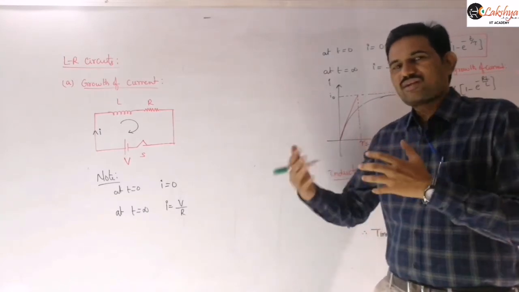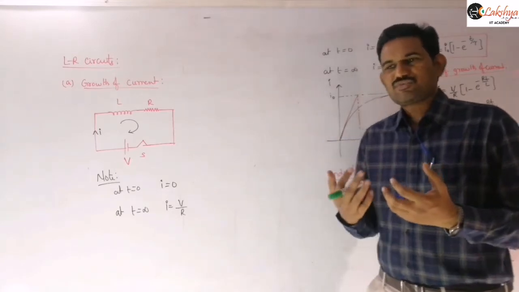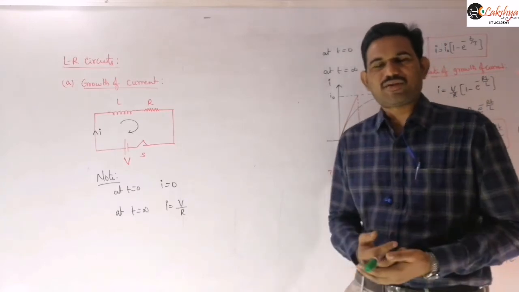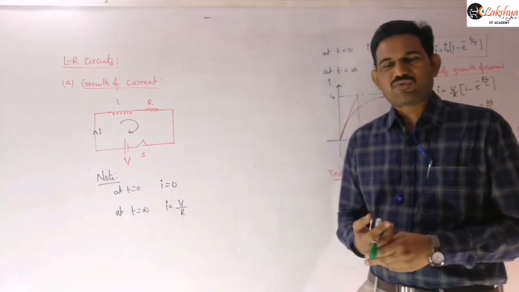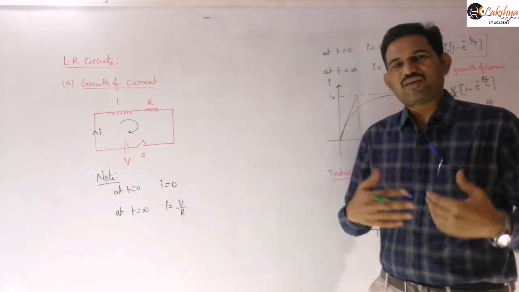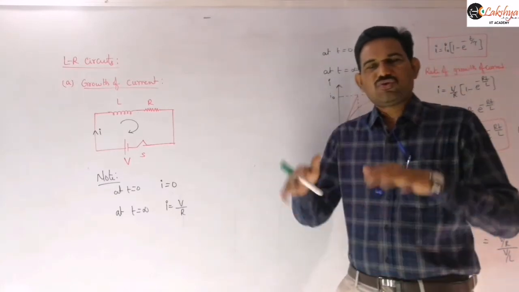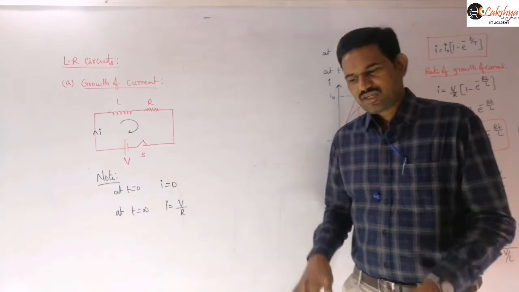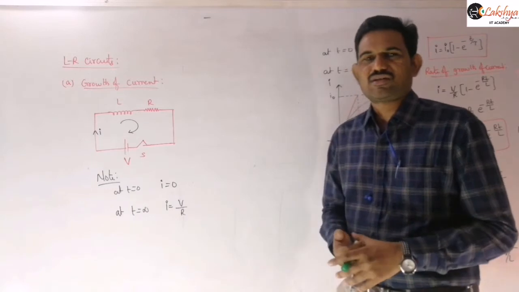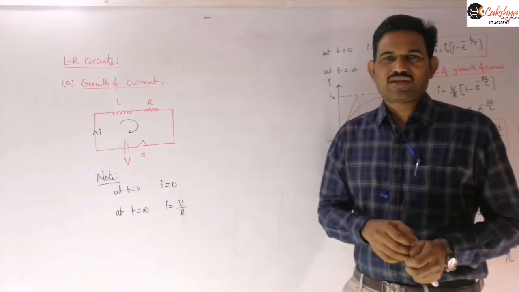Suppose a bus is moving and the driver suddenly applies the brakes, we fall in the forward direction, because our body will continue its state. Before applying the brake, our body is moving forward. Even when the driver applies the brakes and our foot comes to rest, our body will try to continue its state. That means it will oppose the change in state. That is what we call inertia, right?